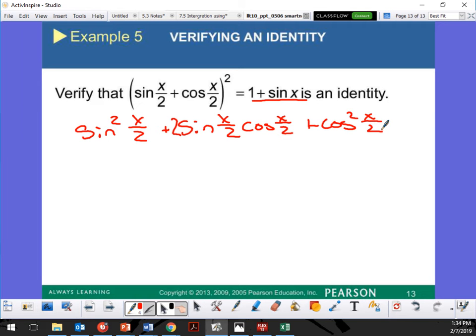What was that identity? Cosine 2A? Do we have cosine 2A there?